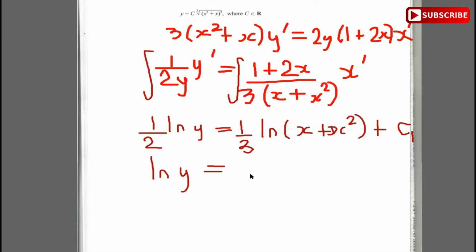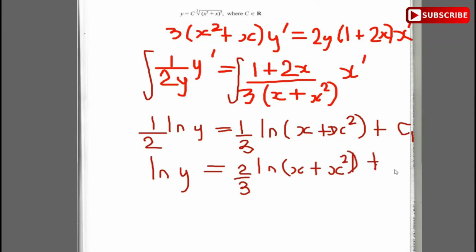And so if we multiply 2 by 2, we're going to get 2/3 ln x into x squared plus 1, so x plus x squared plus, instead of saying c1, we're going to write plus ln c.